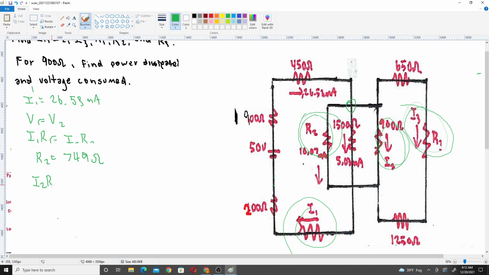I2 R2 is equal to, we can just plug those numbers in right away. It's 1500 ohms times 5.03 milliamps. And then just take R2, move that over to here, and then plug in 900 ohms.